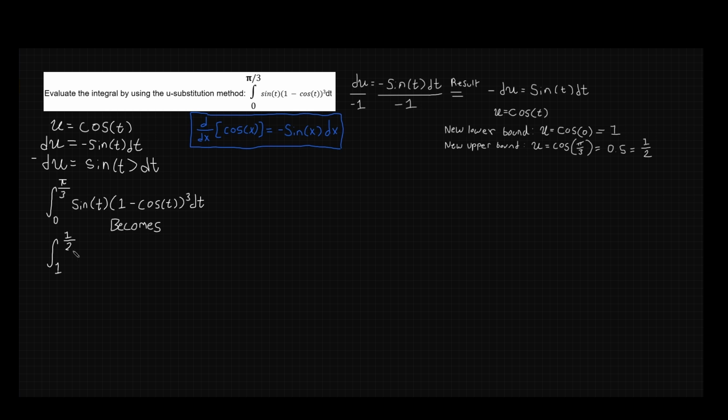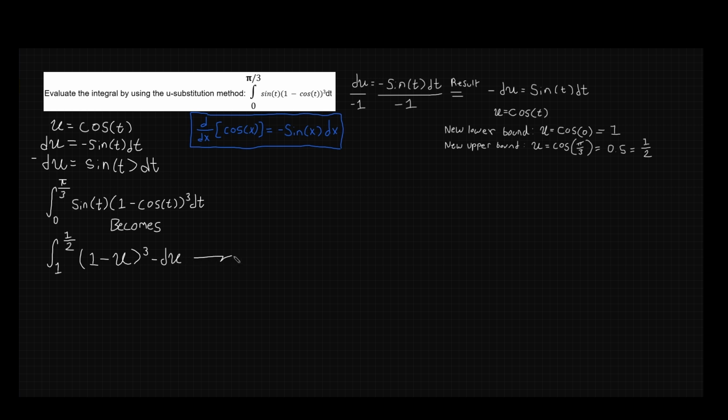So 1/2. Now we're going to plug in our u and our du, right? I'm going to just use parentheses here. So this is going to become the integral from 1 to 1/2 of 1 minus u raised to the third power times minus du, right?